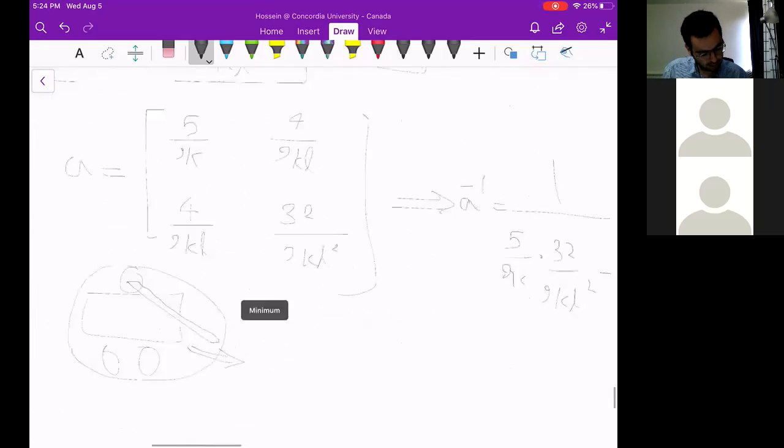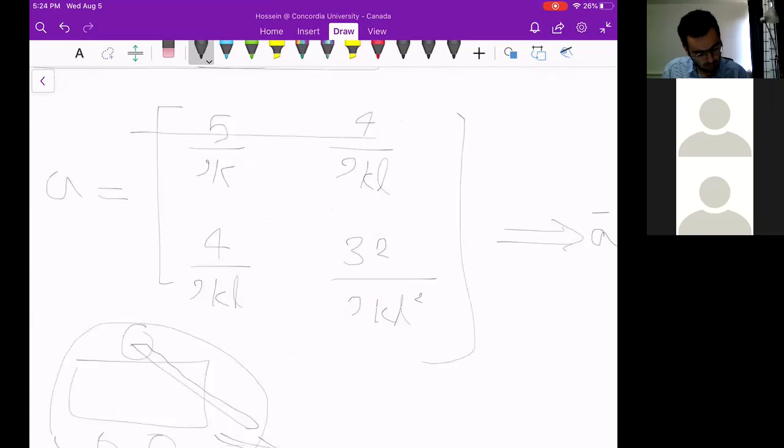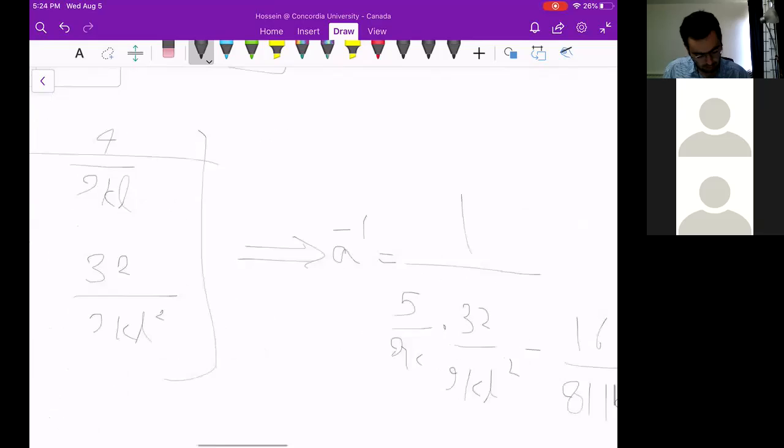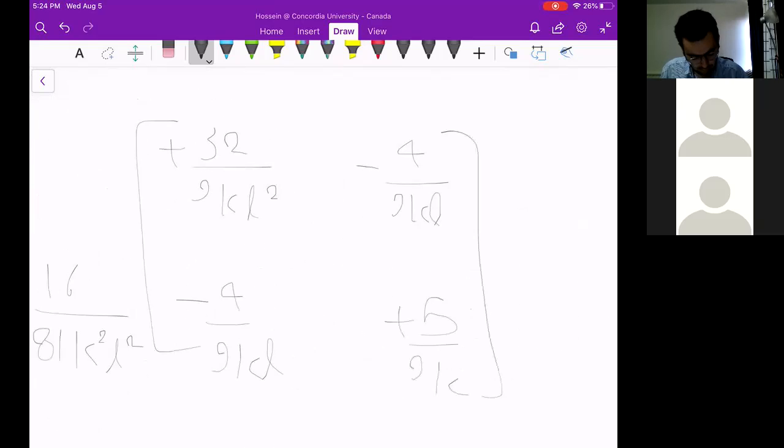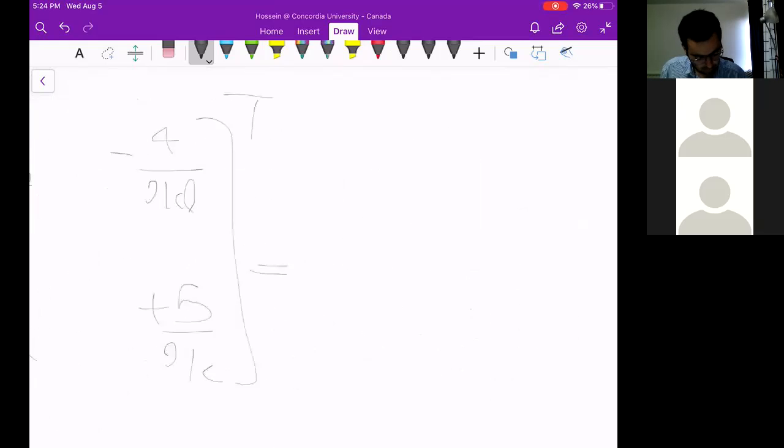The first column, you have to remove these two, positive, negative, and then go. For each array, you have to do that. Positive 32 over 9KL squared, minus 4 over 9KL, minus 4 over 9KL, plus 5 over 9K, transpose.